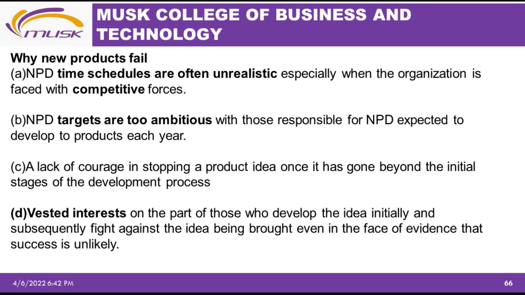And the other one is a lack of courage in stopping a product idea once it has gone beyond the initial stage. So companies are afraid, because they have already started the process that we have seen previously. They fear to go to step number 4 and say, this one does not look like it's going to do very well. And the other one is vested interest. Those that are developing the product have other interests.